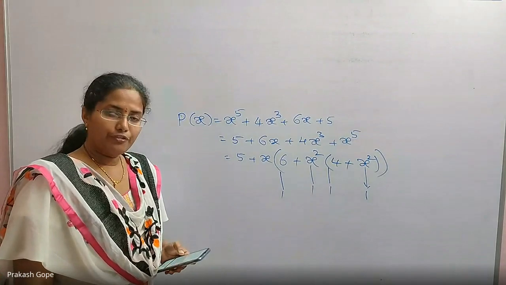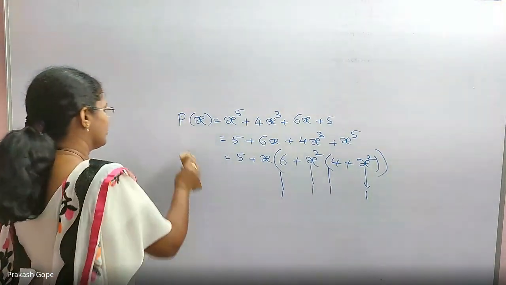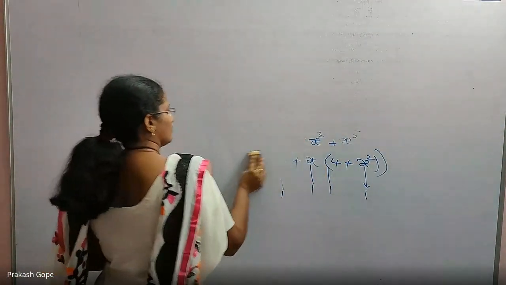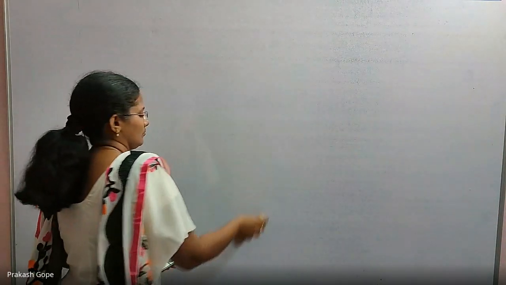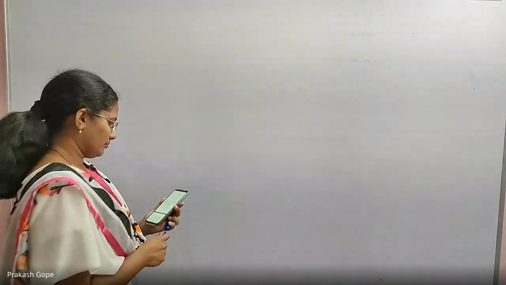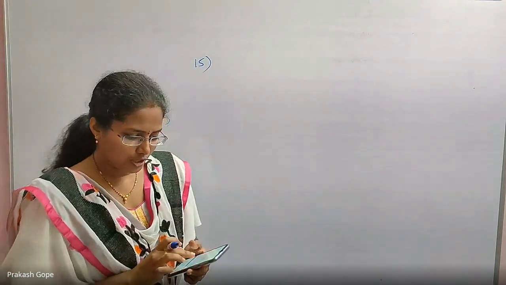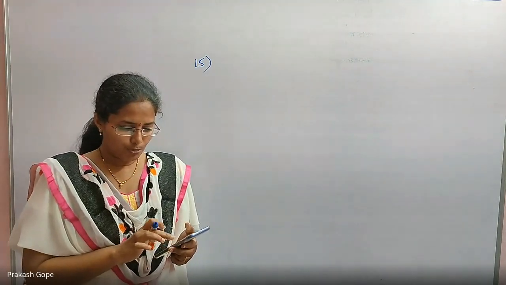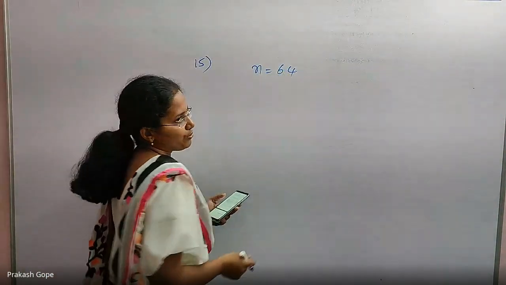Now question number 15, last question. Assume that a merge-sort algorithm in the worst case takes 30 seconds for an input size of 64. n is 64, number of elements, input size is 64.